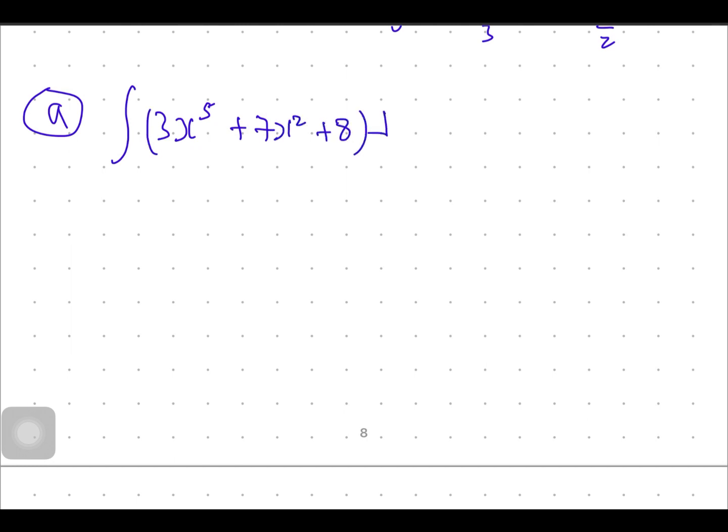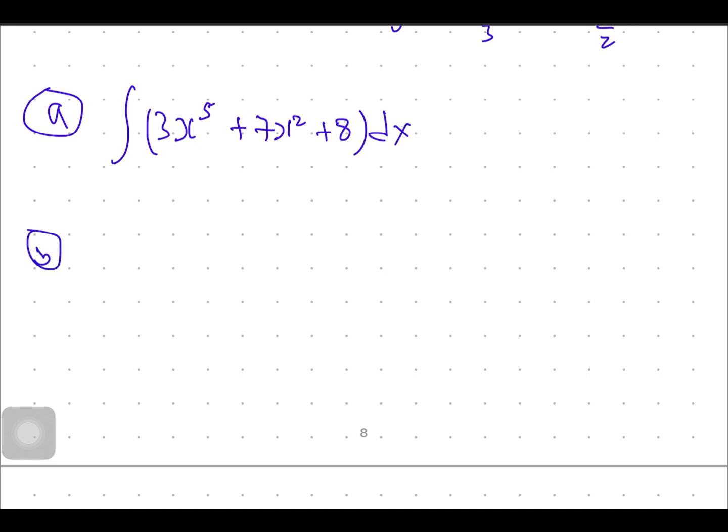So in solving more examples, let's take this. A equals the integral of 3x power 5 plus 7x squared plus 8, all dx.